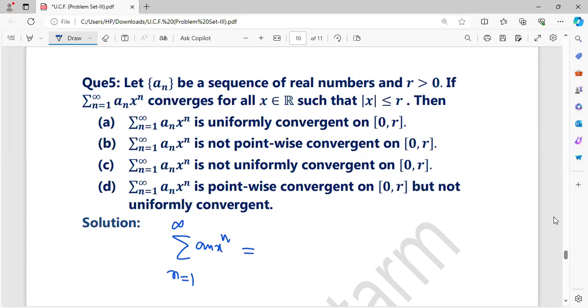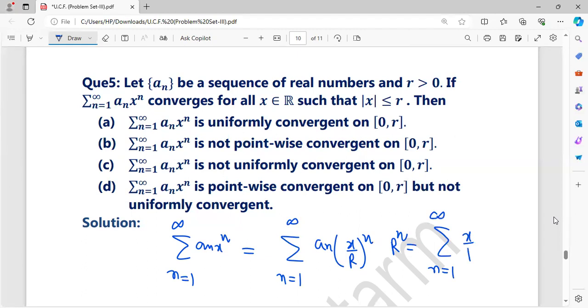Now I can write this series as a_n (x upon r) to the power n. Now I can write like that, n is equal to 1 to infinity, (x upon r) to the power n, a_n r to the power n. Sorry, I can write small r here.